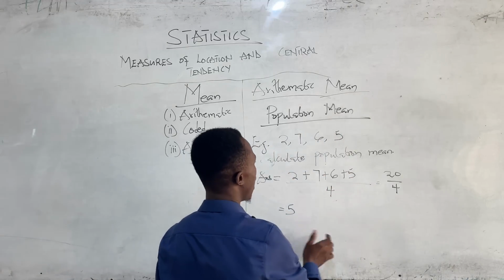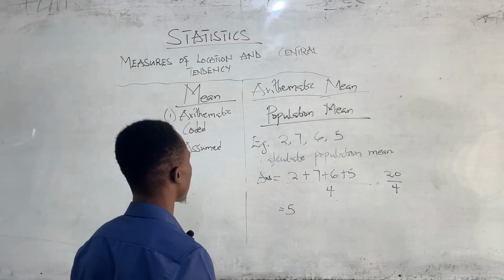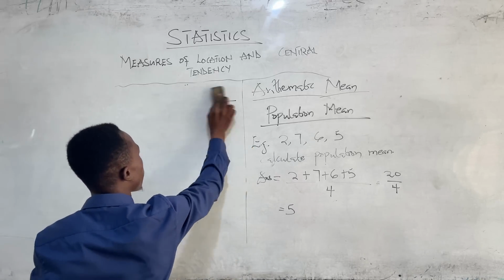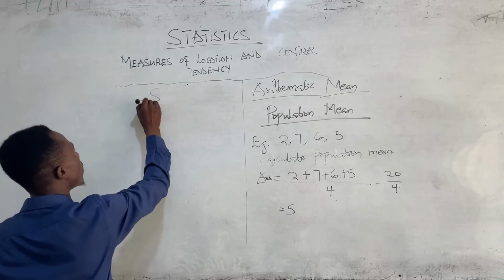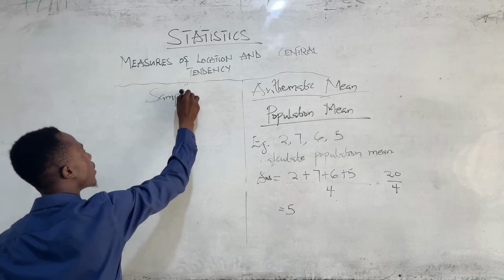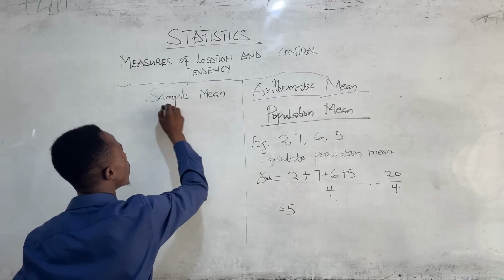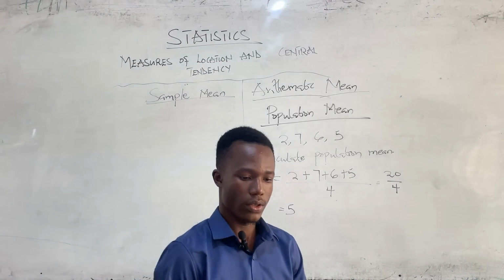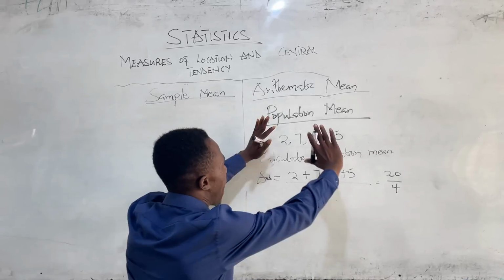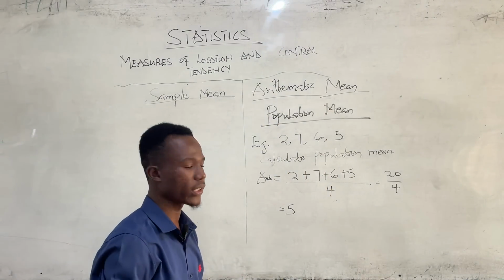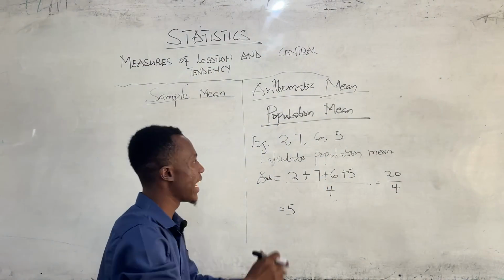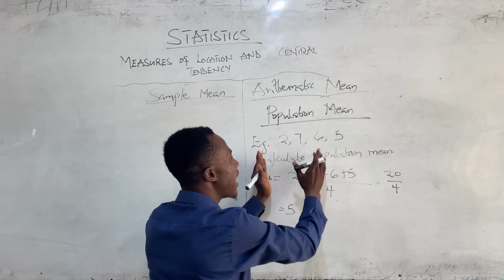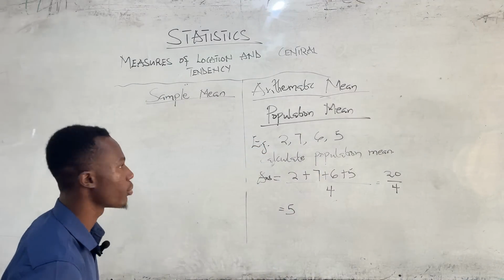Then the next one is the sample mean. Population talks about the entire data, and when you say sample, it is just some portion of the entire data. So if you have this data and you take anything out of it, it becomes a sample.